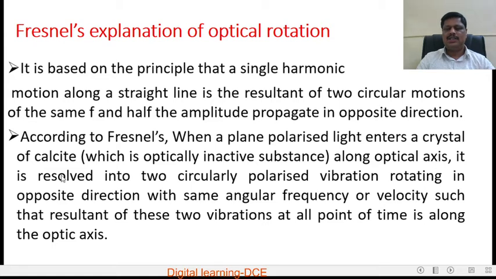That means for light passing along the optic axis, it is resolved into two circularly polarized vibrations rotating in opposite directions with the same angular frequency. This is very important: they rotate in opposite directions, clockwise and anti-clockwise, with the same angular frequency or velocity, such that the resultant of these two vibrations at all points of time is along the optic axis only.